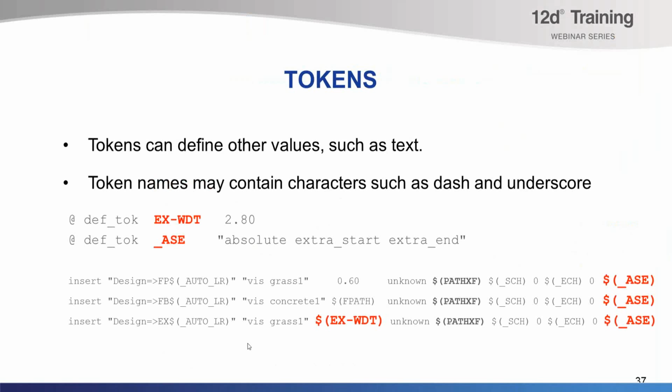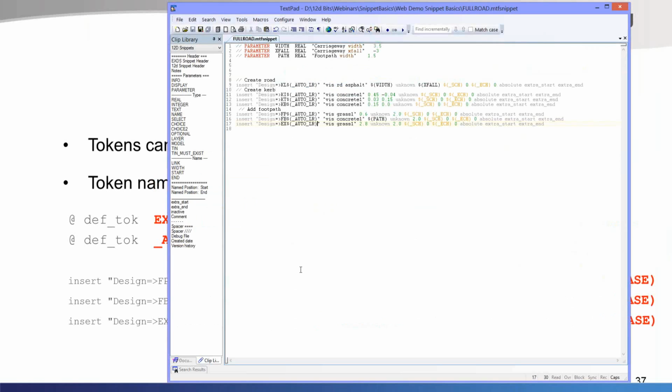So we'll go in there and we'll create a few tokens in our snippet. So I'll put our tokens down here. Now tokens all start with the @ symbol, and we have def-tok going to our path crossfall first. It'll have a value of 0. Now again, we can add comments in here so we know what's going on.